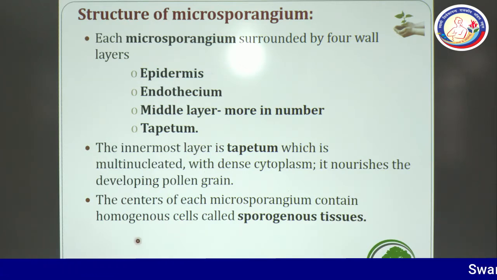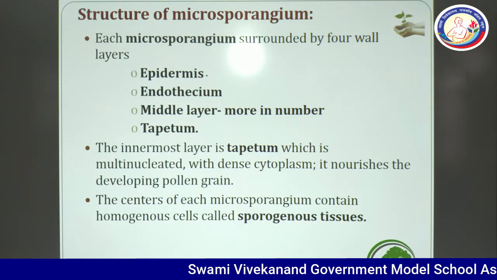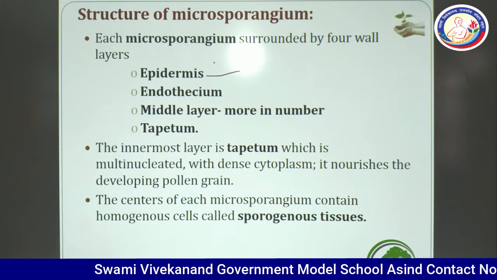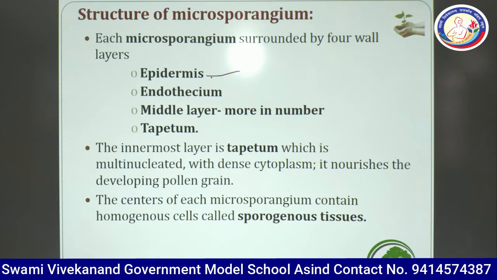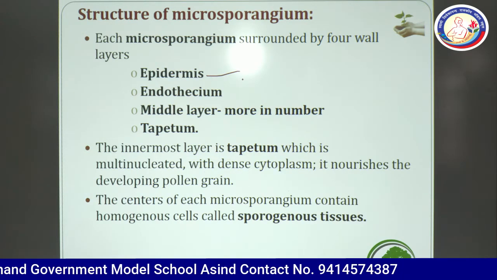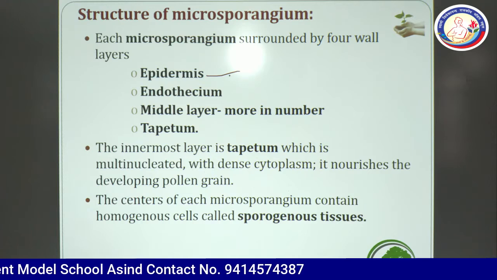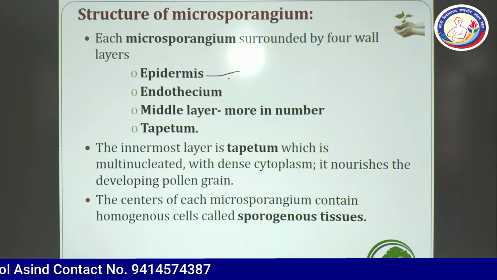The outermost layer is known as the epidermis. This is the outermost layer, and in most plants it is made of a single layer. In the inner part of the epidermis is the endothecium.